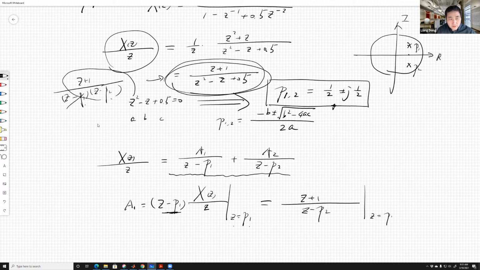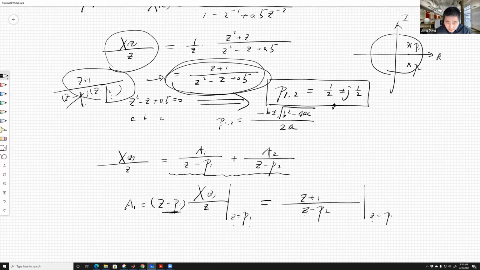I have this part, and p2 is one of the numbers here. So z plus 1 over z minus p2. And then I evaluate, putting in the value z equal to p1, where p1 is also a number: positive half plus j times half. And then we have all these numbers, so I can plug in now.